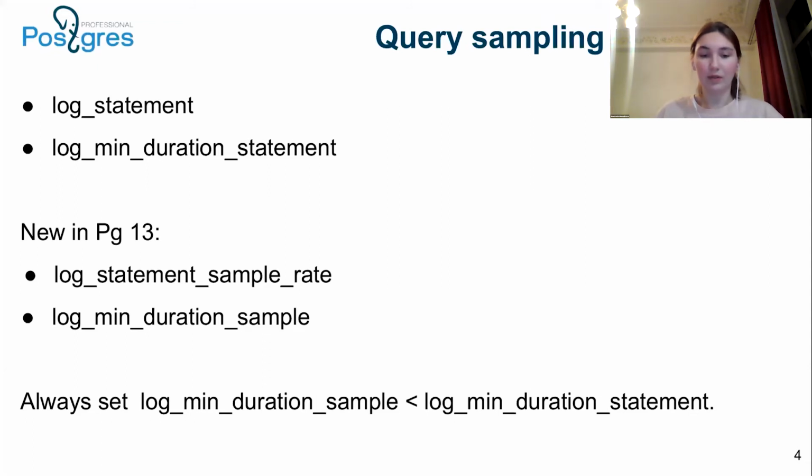And also an important thing to note is that the older parameter, log_min_duration_statement, has a higher priority, which means that if you have both of them set, you should set log_min_duration_sample lower to enable sampling. Otherwise, all queries will be logged just as if no sampling is enabled.